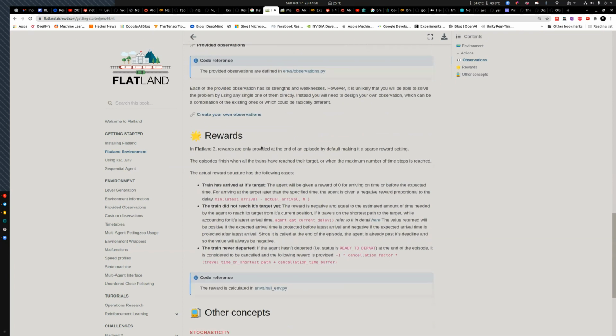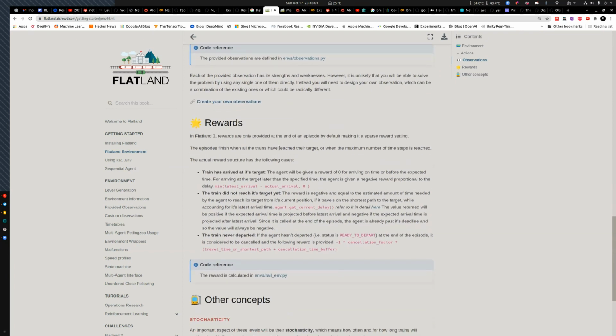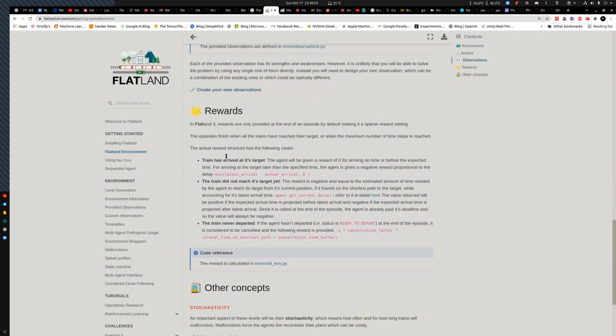Then rewards. As you can see here, we have a -1 for each time step a train runs on a track, and when it arrives, it gets a 0 reward, the latest arrival.